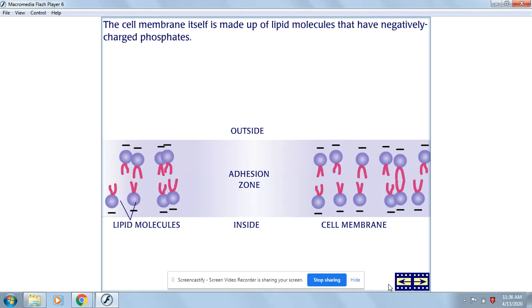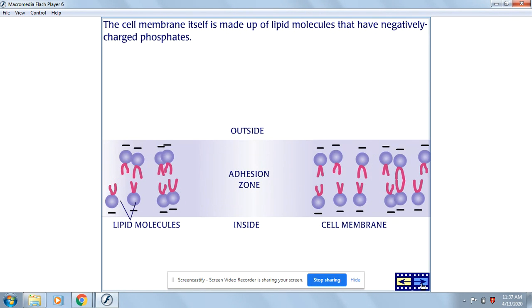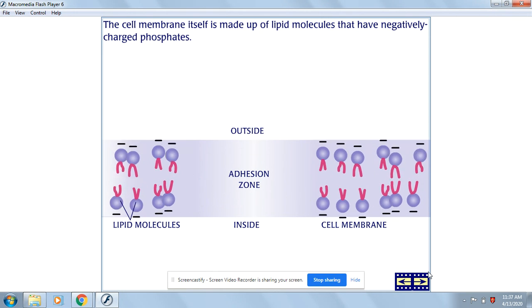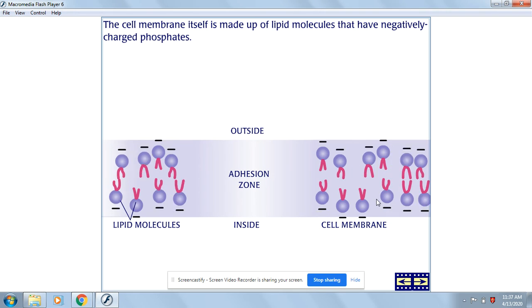Basically, DNA transformation is a process by which foreign recombinant DNA molecule is introduced into the bacteria. As you can see here on the screen, this particular membrane consists of lipid molecules, and these lipid molecules have high mobility because of their electrostatic nature.